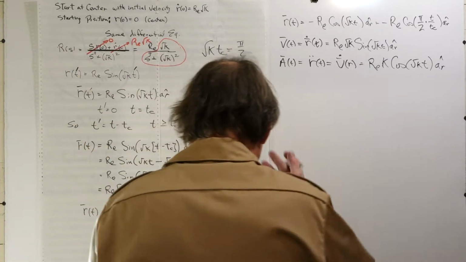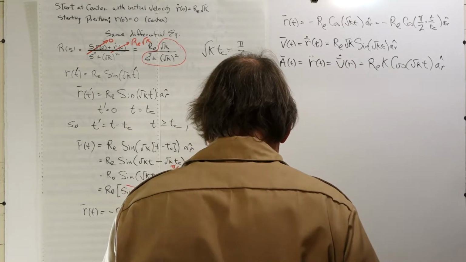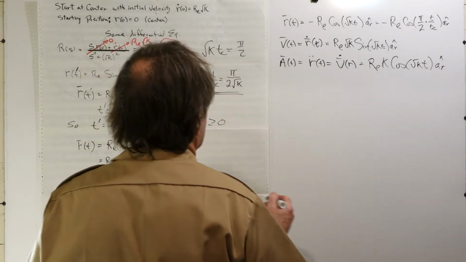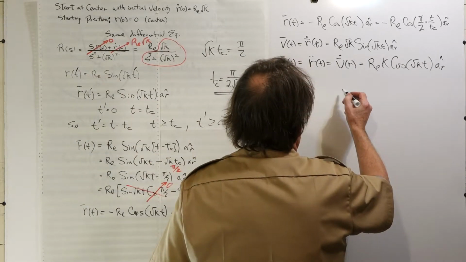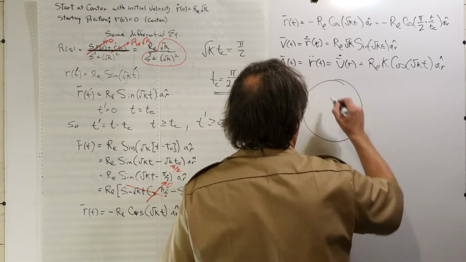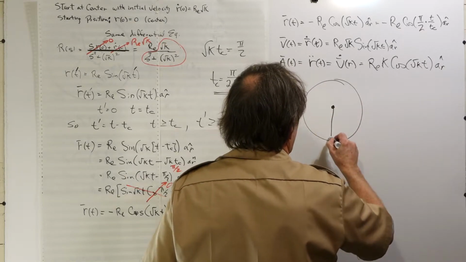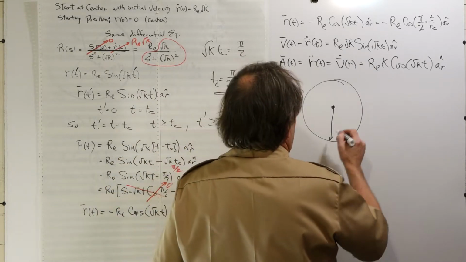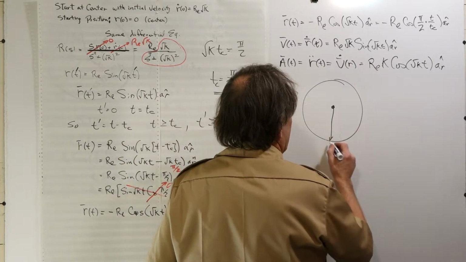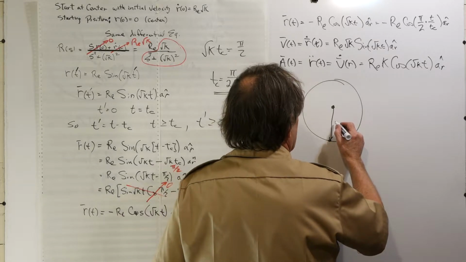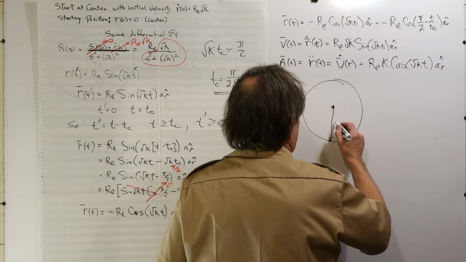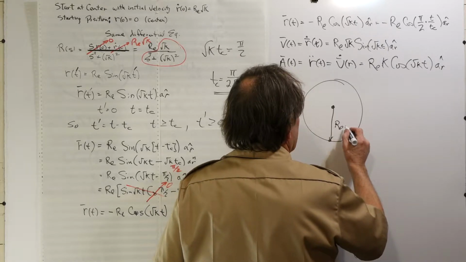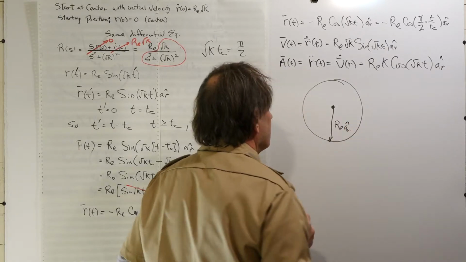Now, let's look to see what the time is to go from the center to the surface. The position vector to the surface is just radius of the Earth in the a_r direction.